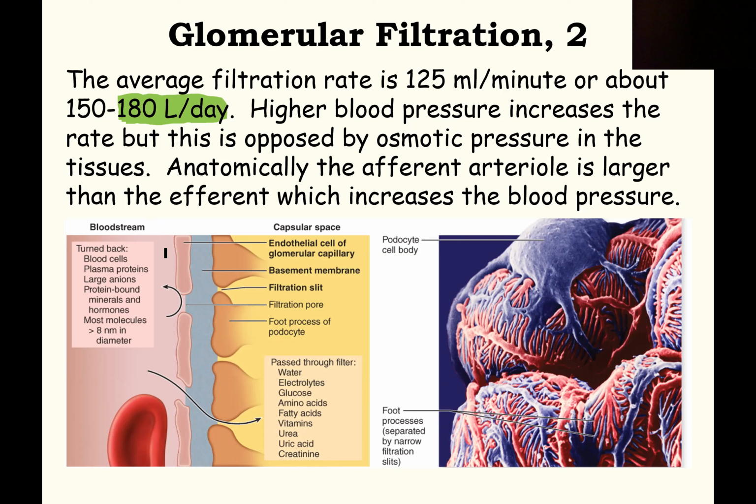Anatomically, the afferent arteriole is going to be bigger than the efferent arteriole. So you have more going into the glomerulus than coming out of the glomerulus. That creates higher pressure and increases the force.